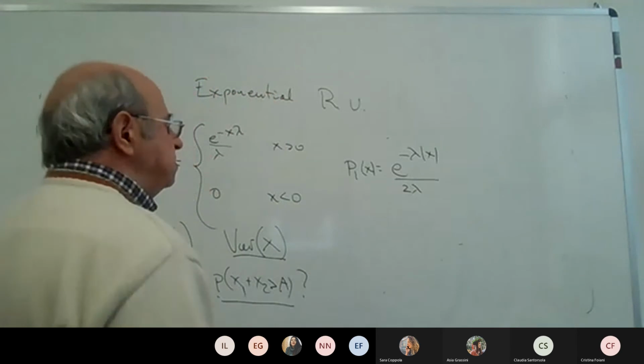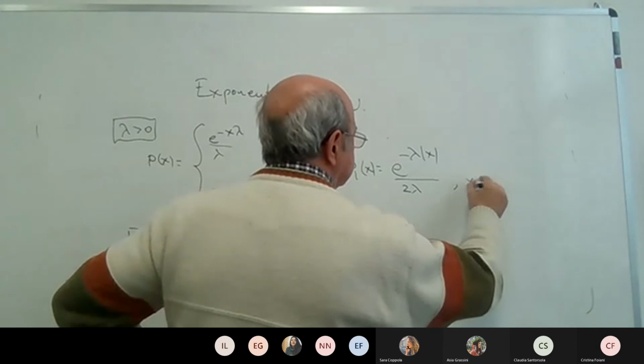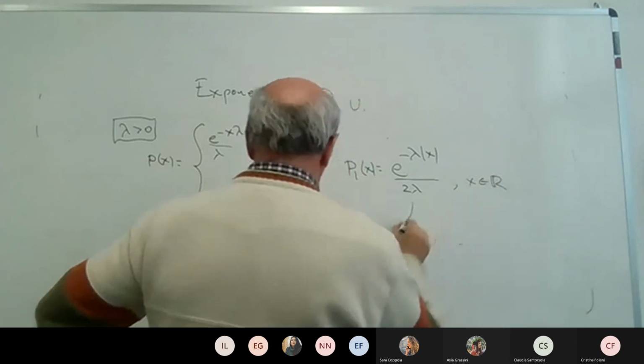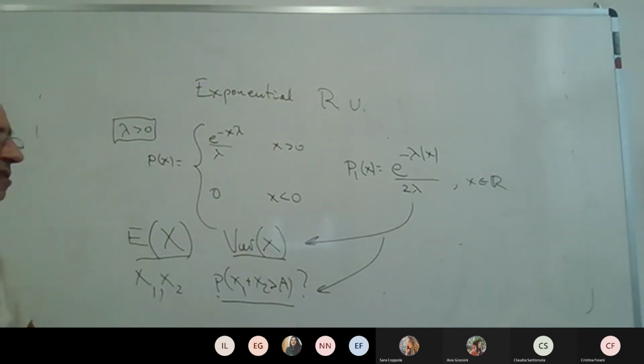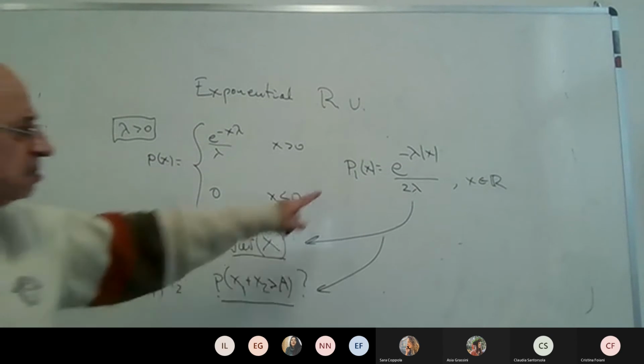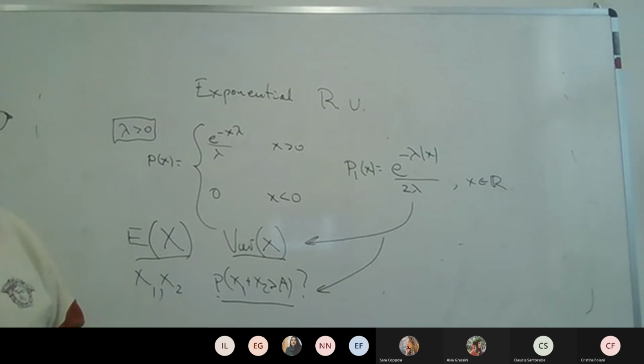So this is the definition of P of x for x in R. And then again, we have the same questions to calculate the expectation, the variance, and so on. From the point of view of many models, this seems more adapted to epidemiology models, and that's why I suggest considering these examples.